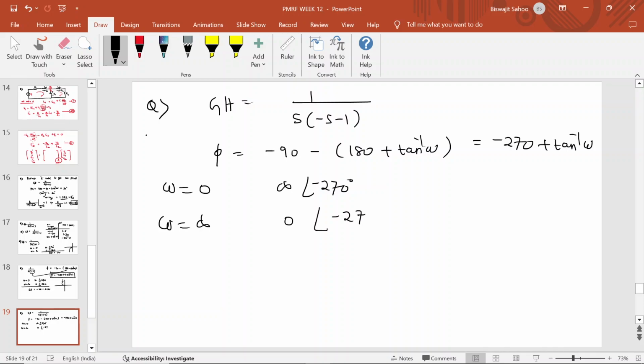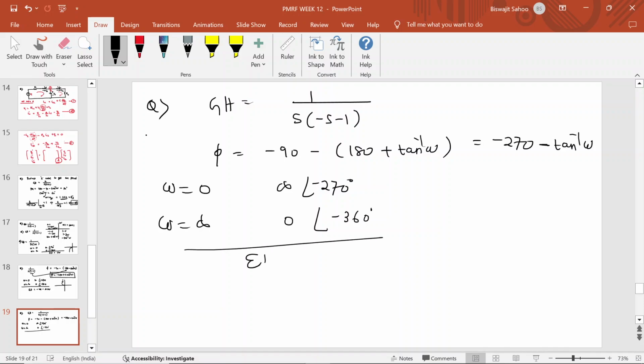Not minus 270, this will be, at omega equal to infinity, 90, right? So this value will be negative, I think, right? This is negative. So this value will be minus 360, right?